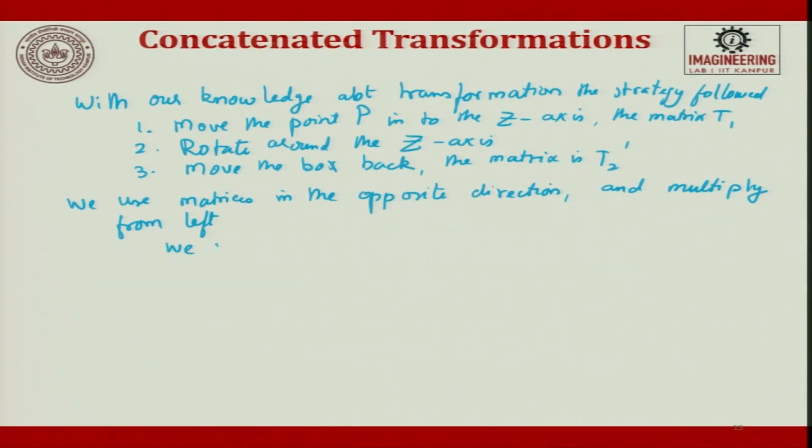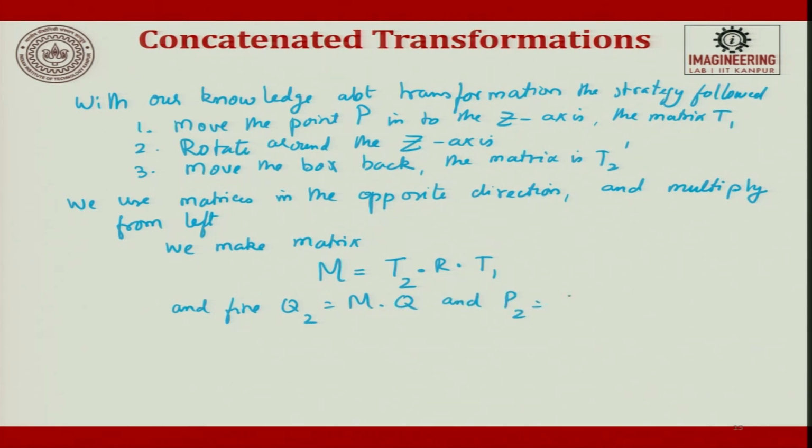So we make matrix M equal to T2 R into T1 and find Q2 equal to M cross Q and P2 equal to M cross P.